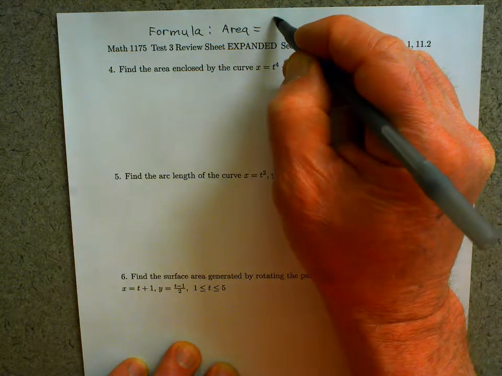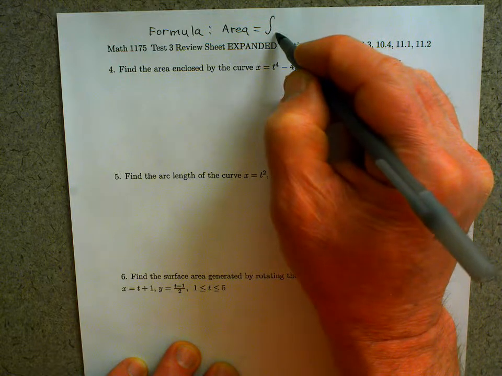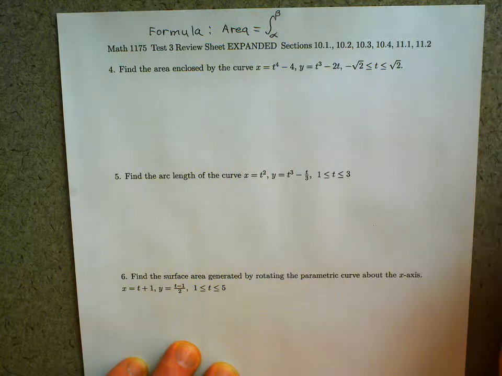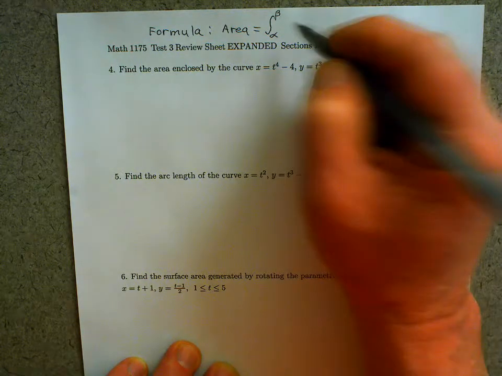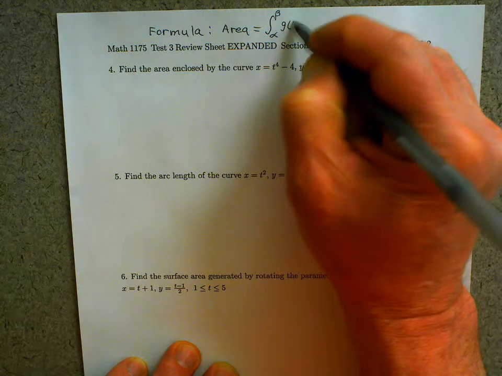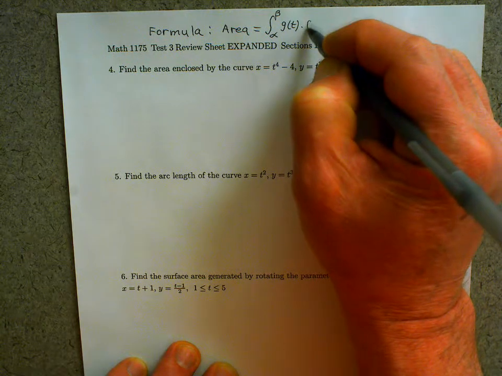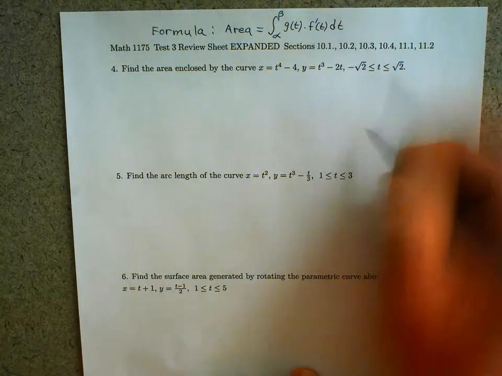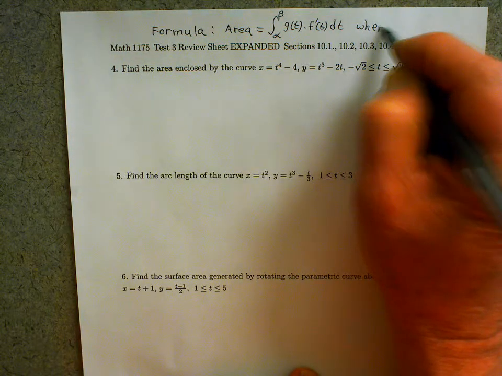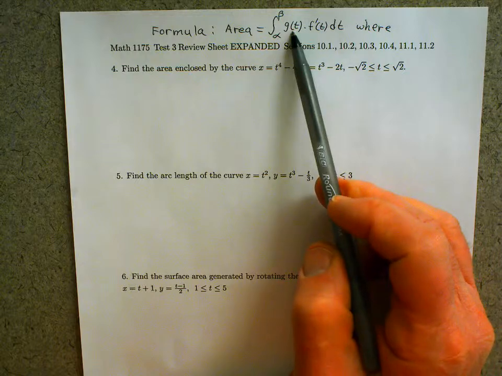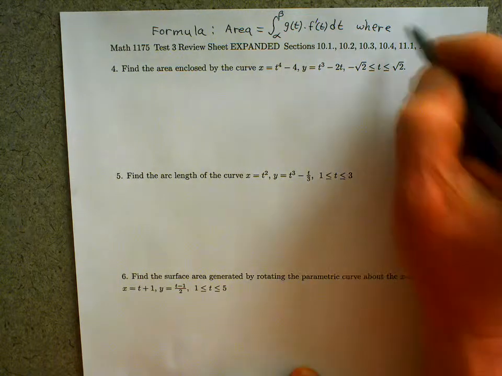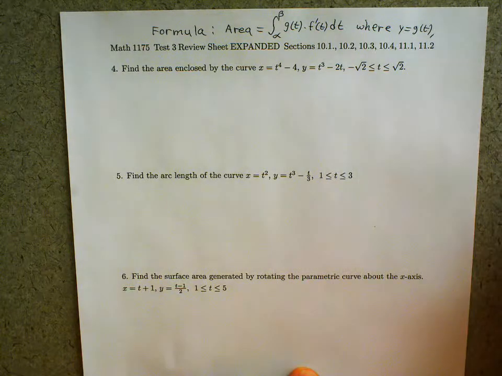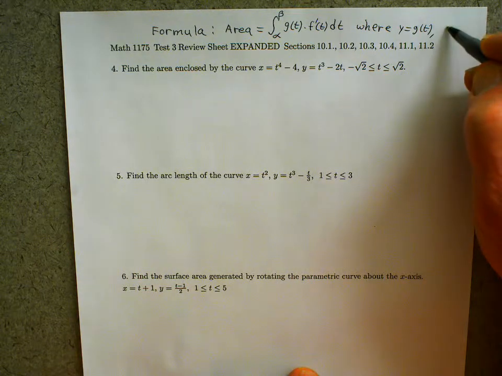This will be the definite integral from t equals alpha to t equals beta of g of t times f prime of t dt, where y is equal to g of t, and x is equal to f of t.